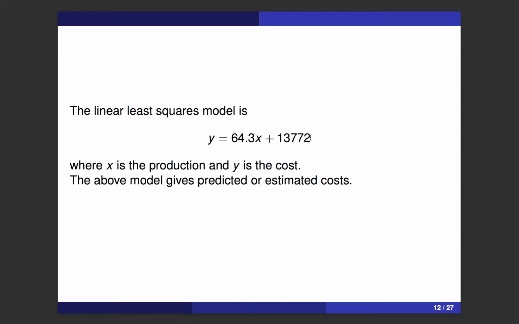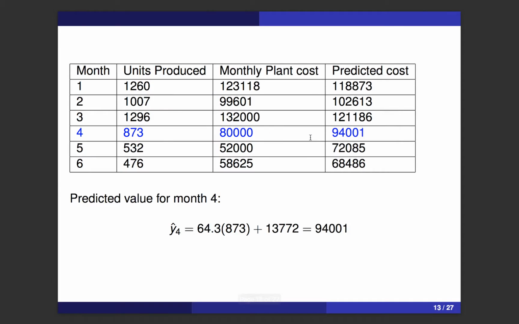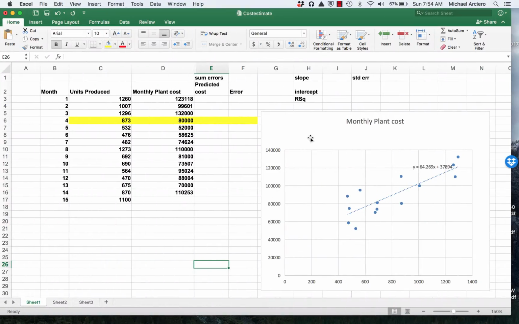So this is the model Excel came up with, and it's a linear least squares model, and we'll talk about how we get that criterion. It gives estimated or predicted costs, so we can use our model to find predicted values.